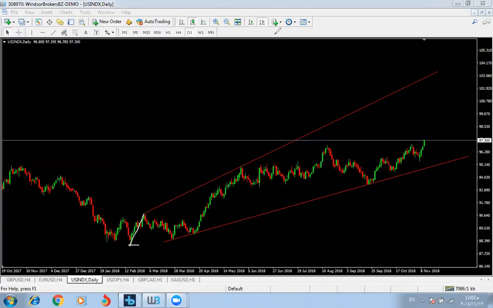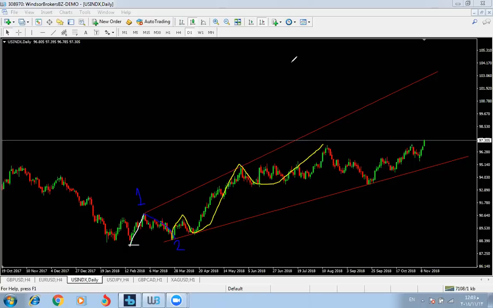Then we have extended wave 3. This is wave number 2. So the whole structure is wave 1, and this is wave number 2, and then the price started to make the extended wave 3 to the upside in the form of 1, 2, 3, 4, and 5.